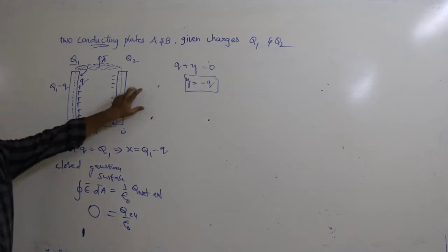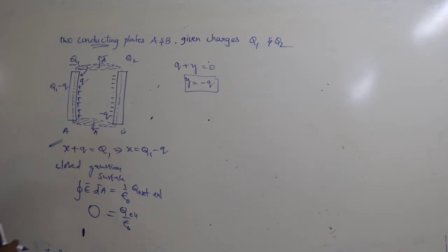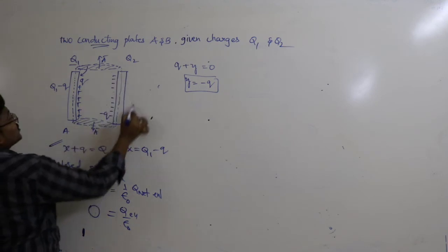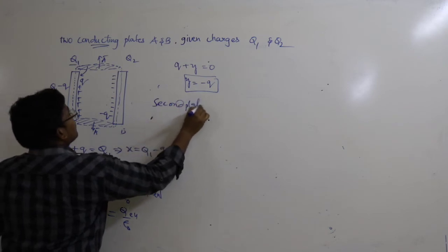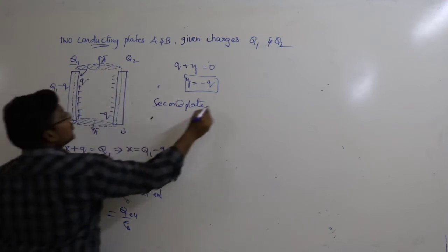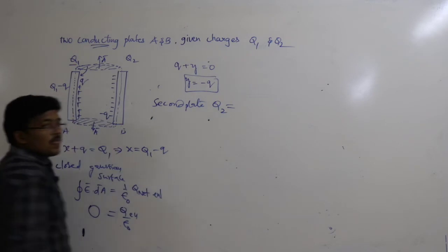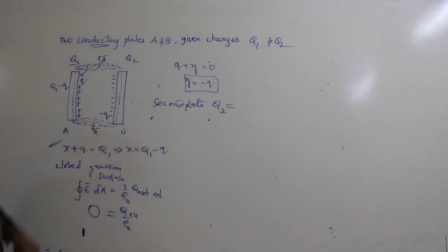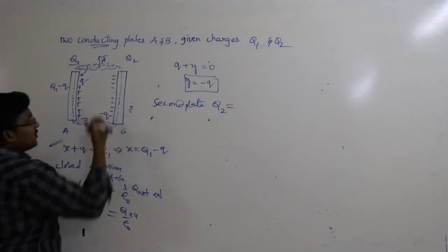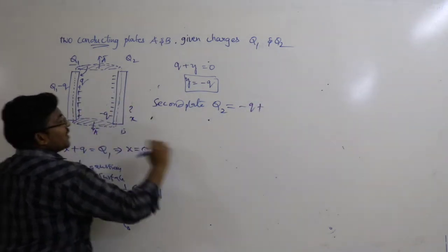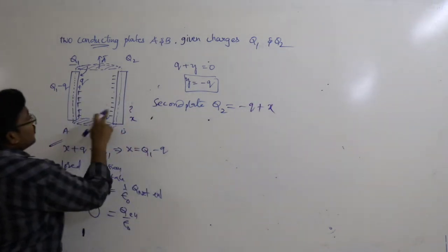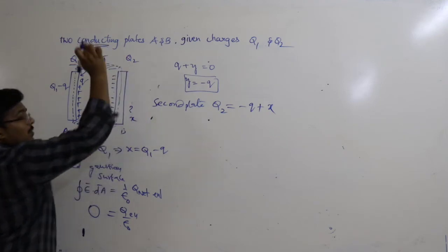Now one more face is left. See, the total charge of the second plate is Q2, and now one surface is minus q, so what will be this one? If it is some x I will take, then minus q and x together will be Q2.